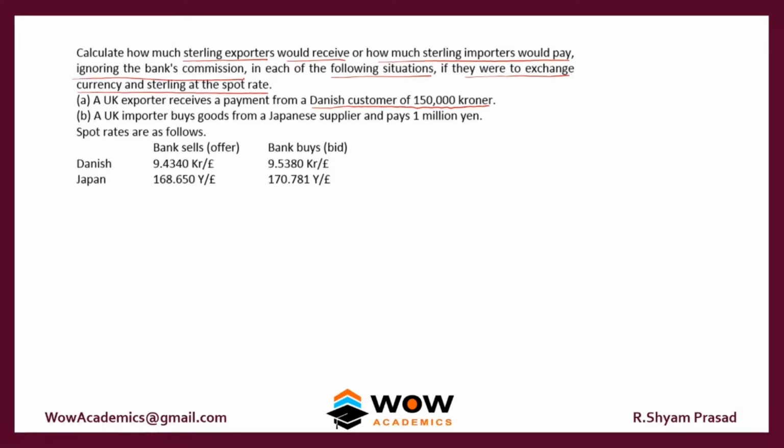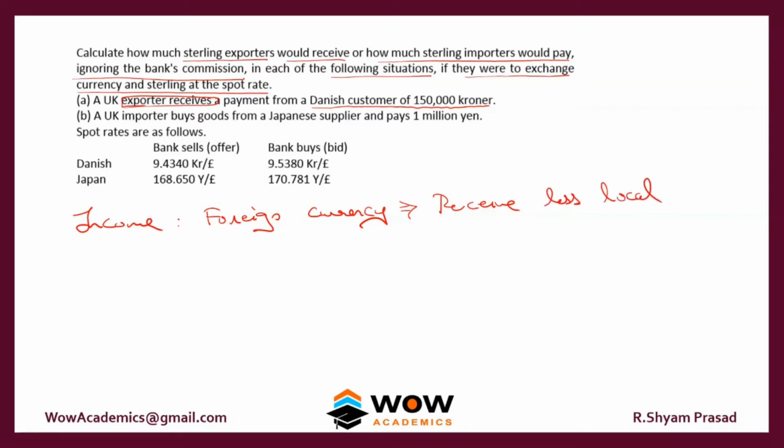Here a UK exporter is receiving a payment, so it is an income, or he's going to receive foreign currency. When you sell that foreign currency, you should receive less local currency. That is how the concept works. So we'll again work it out.